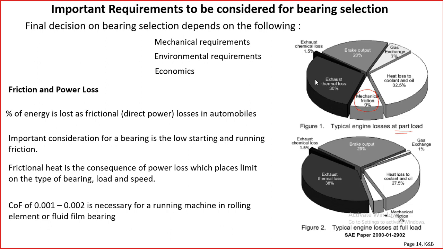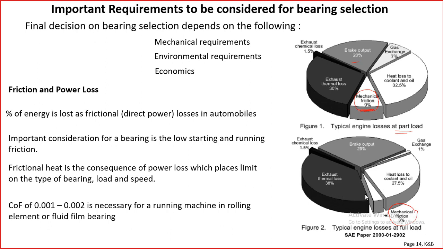But of course other losses are also there, for example brake output and other thermal losses, but this is purely the frictional losses here in the engine. And at full load the frictional losses can be reduced.